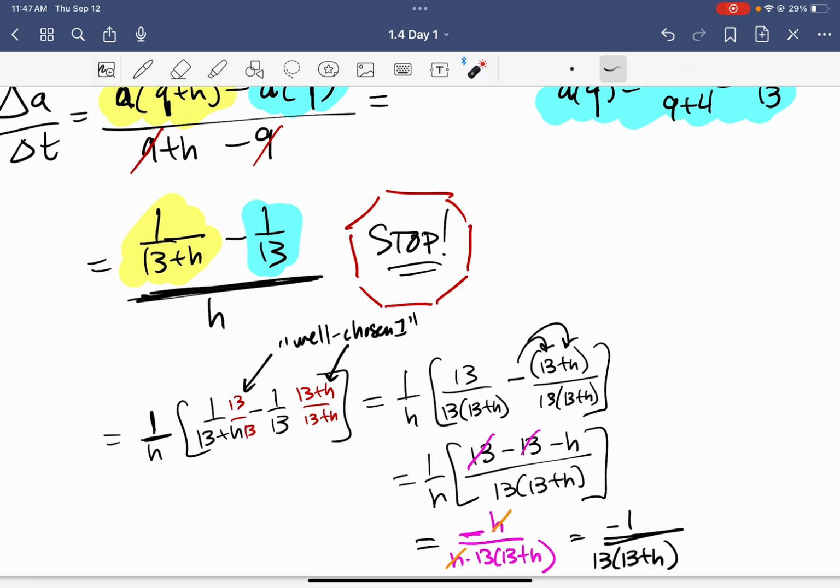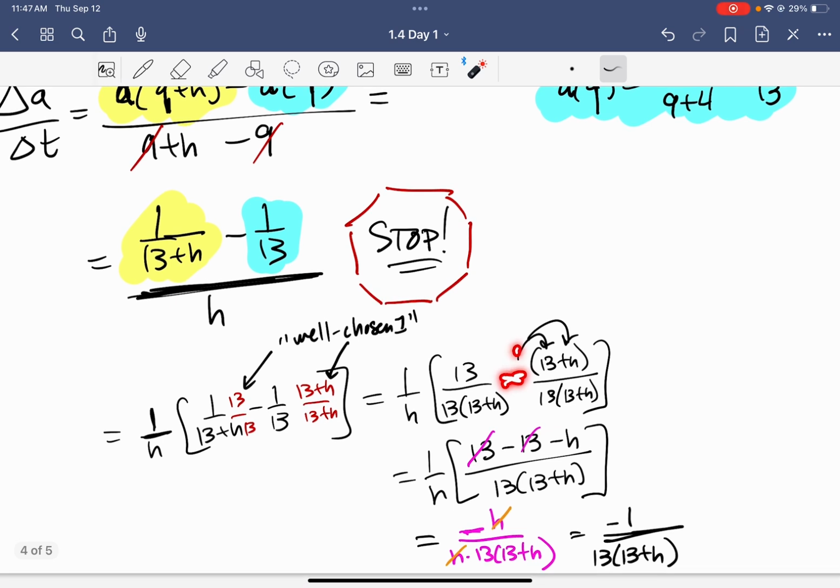When you do that, you end up getting 13 times 1 is 13. And the bottom ends up being 13 times 13 plus h, and we need our parentheses. But then make sure here it's this times 1 gives us all this, but make sure we have these parentheses on the top. Okay, so now when you see this, we have a negative that we can now distribute in.